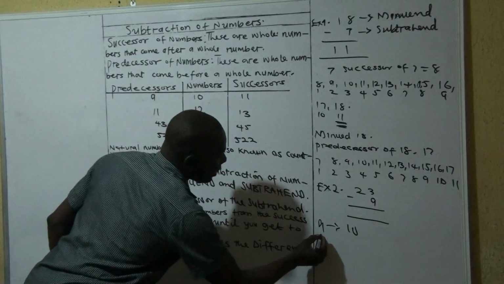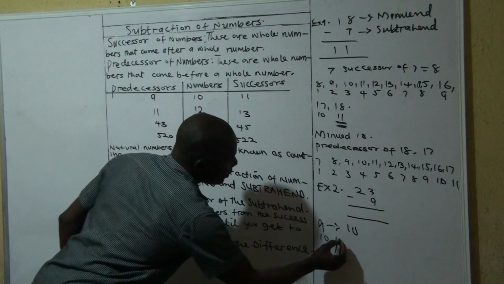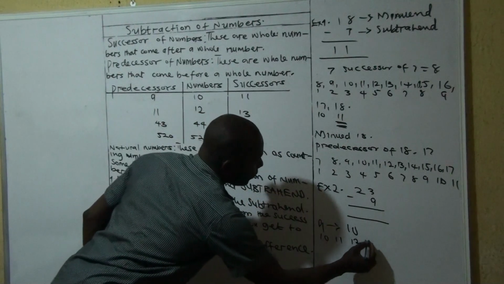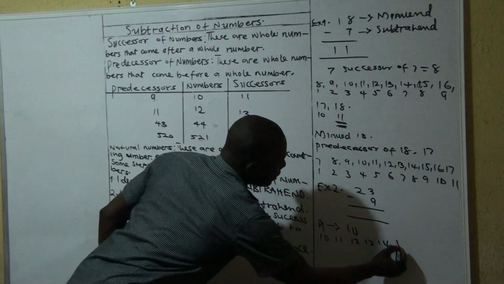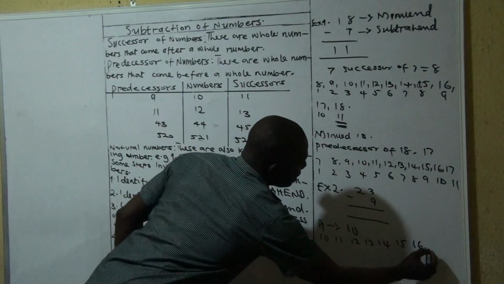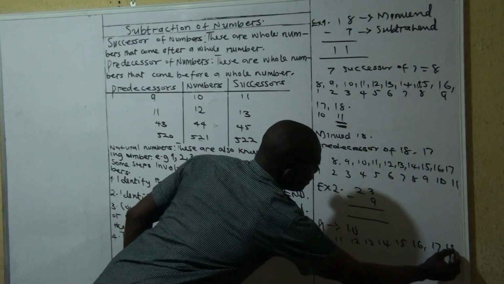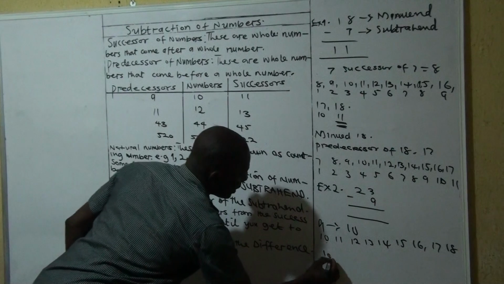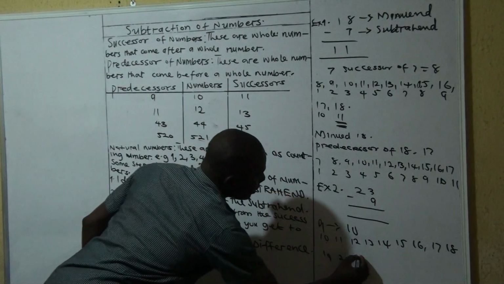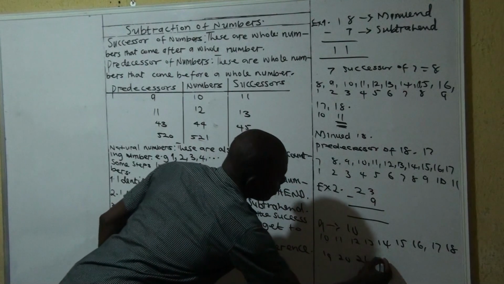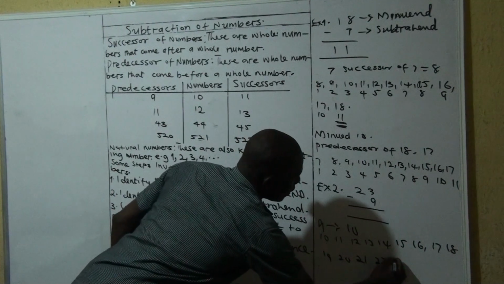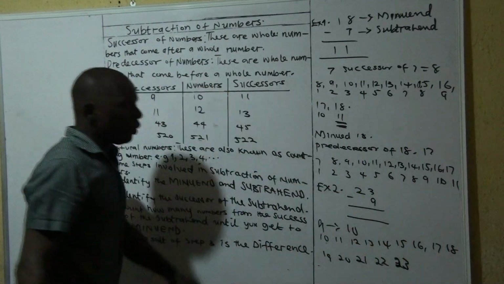So we have 10, 11, 12, 13, 14, 15, 16, 17, 18, 19, 20, 21, 22, 23. So we stop.